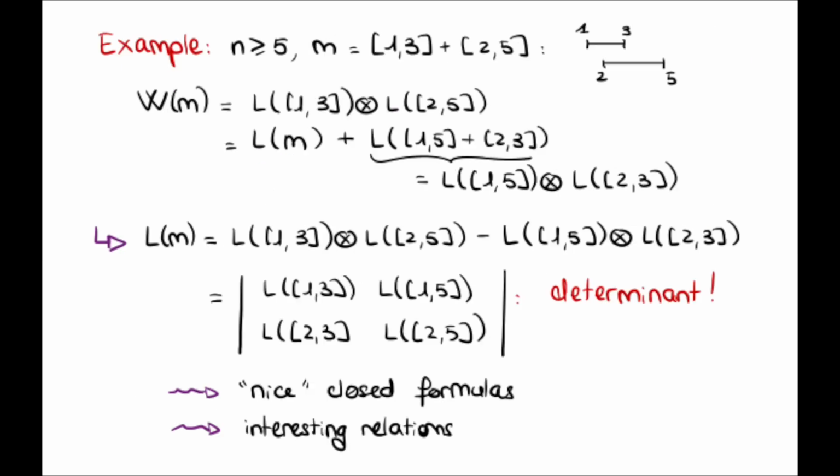So for a small example, if you have this multi-segment [1,3] plus [2,5], also represented like this, then the Weyl module is this tensor product. It's not simple. This is everything in the Grothendieck ring, but I just removed the classes so it's easier.